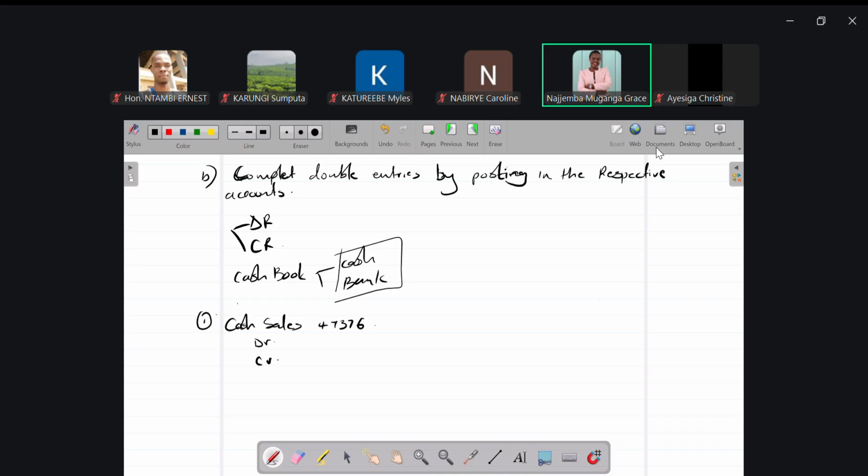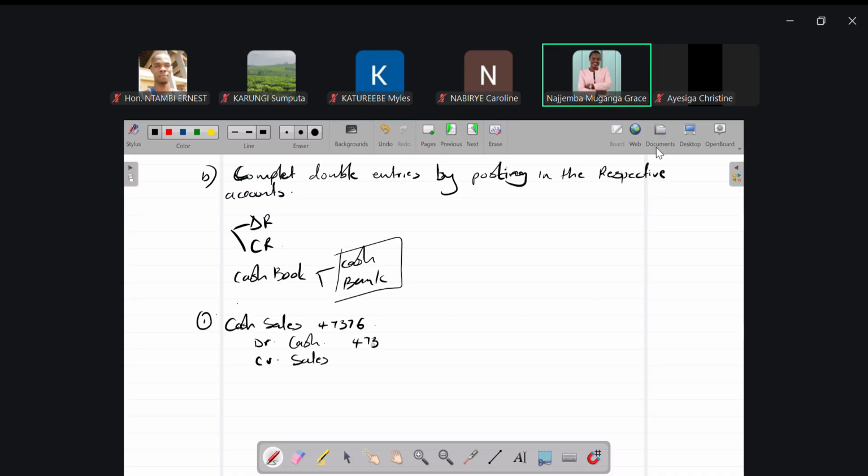What is the double entry? What do you debit? What do you credit? I think you debit cash, receiving cash, and you credit sales.